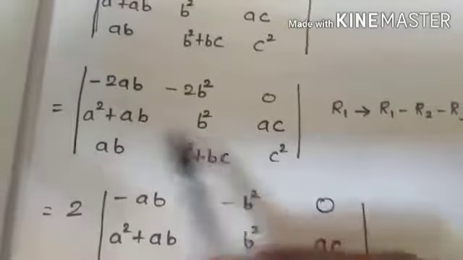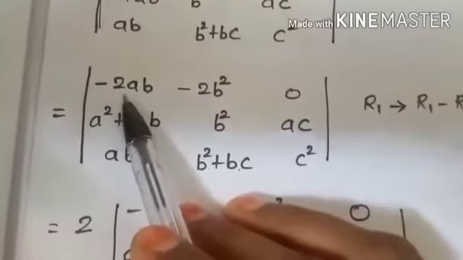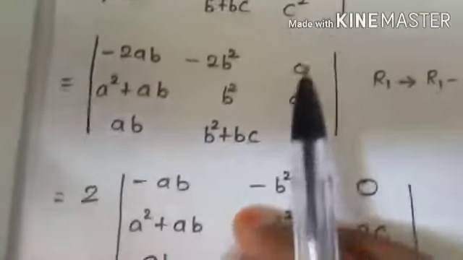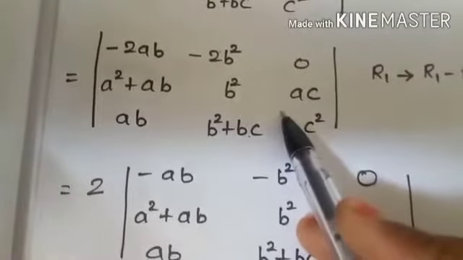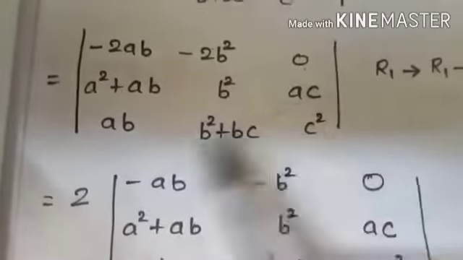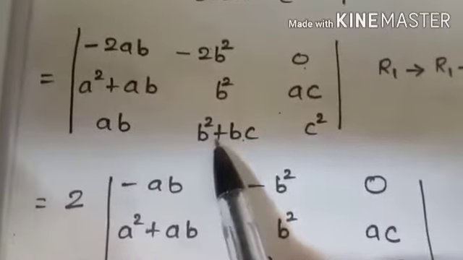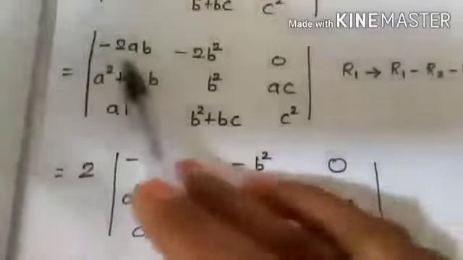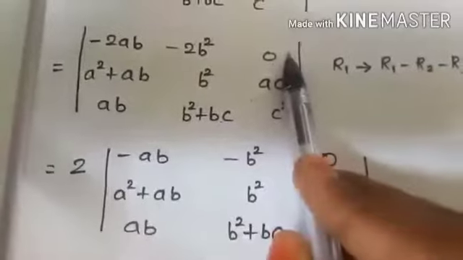So therefore the determinant becomes the determinant of minus 2AB, minus 2B squared, 0. Remaining R2 and R3, there is no change in R2 and R3: A squared plus AB, B squared, AC, AB, B squared plus BC, C squared. From this determinant, in R1, 2 is the common element.